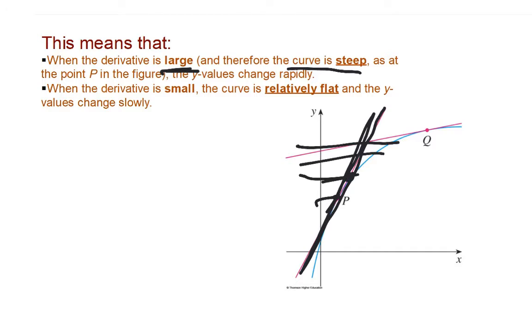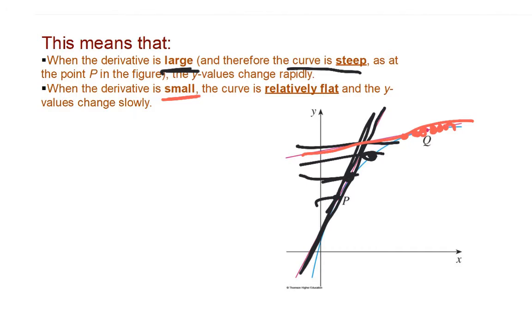So here, here, and here. They're not clustered close together. But when the derivative is small, like the tangent at Q, the curve is relatively flat and the y values change slowly. So they're much closer together. They're clustered closer together, those y values, for the same change in the x.